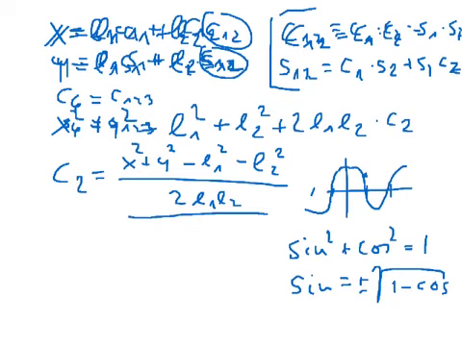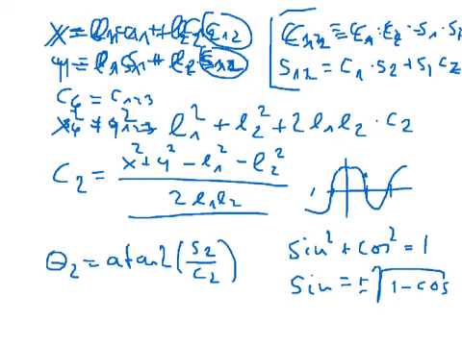And now, instead of using the arcus cosine, the inverse cosine, we can use the arcus tangens. So we can say theta 2 is atan2 of sine theta 2 divided by cosine theta 2. The atan2 is actually giving not only values back between minus pi/2 and plus pi/2, but actually from minus pi to plus pi.